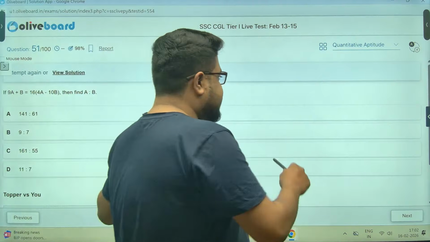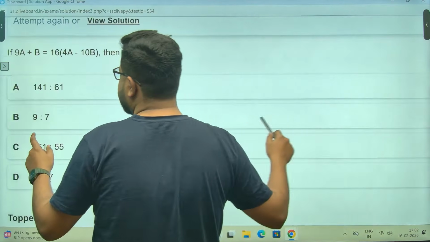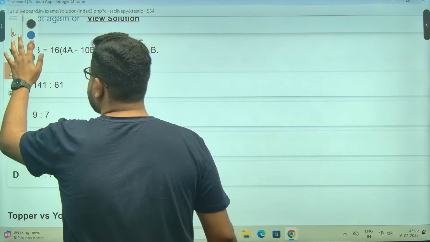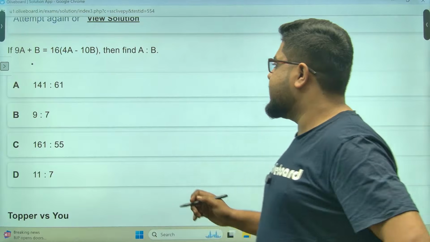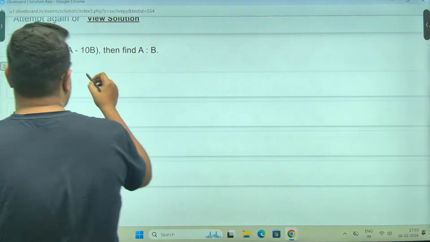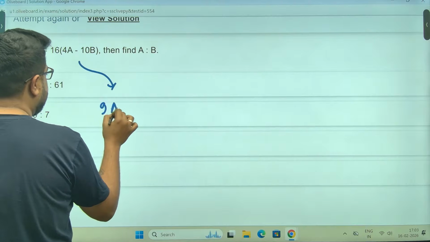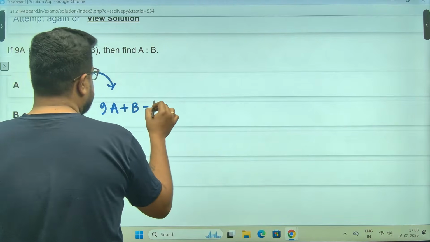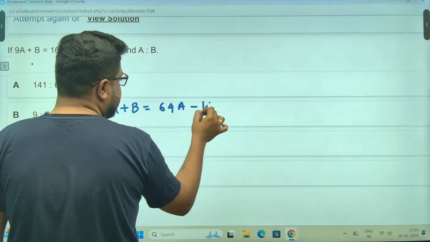So the first question right in front of you is this one. If 9a plus b is given, it's a simple ratio question. Let us start with this. Just break it down. 9a plus b is equal to 16 fours are 64a minus 160b.